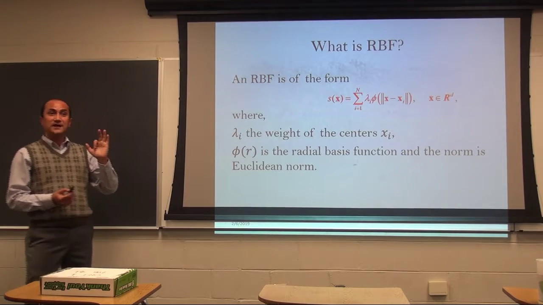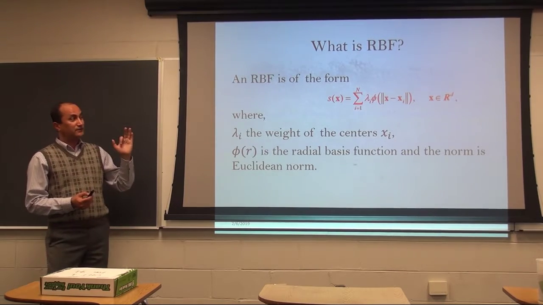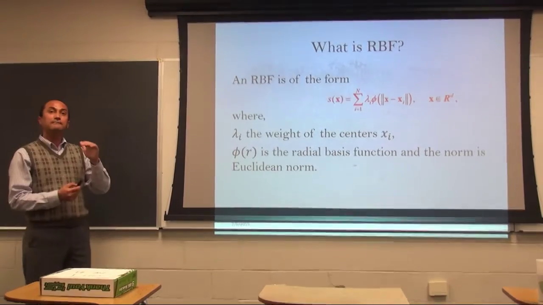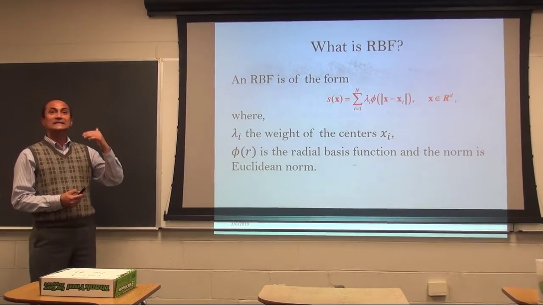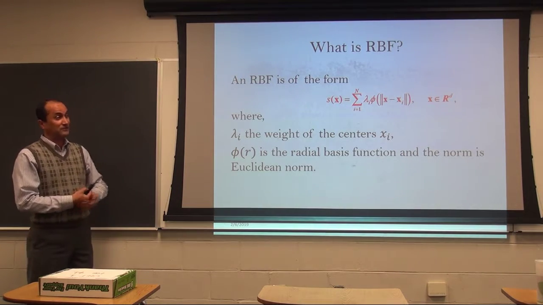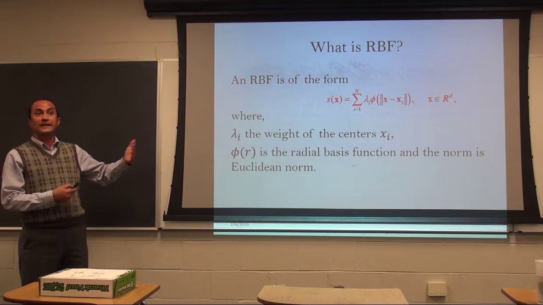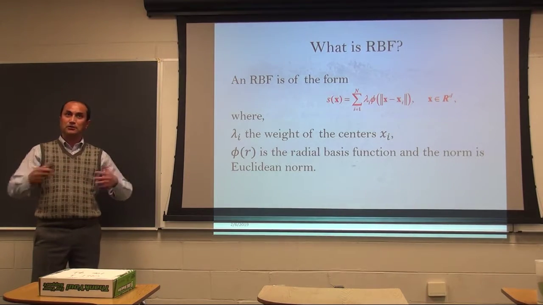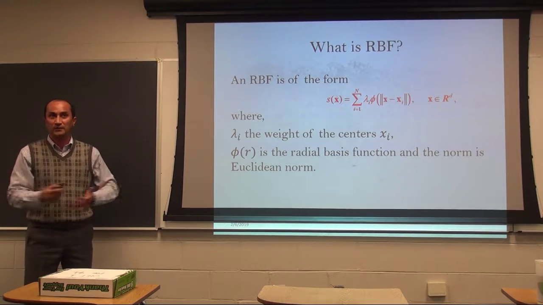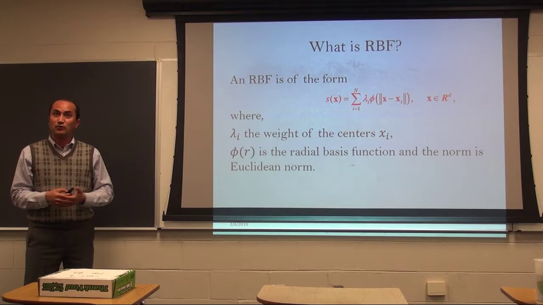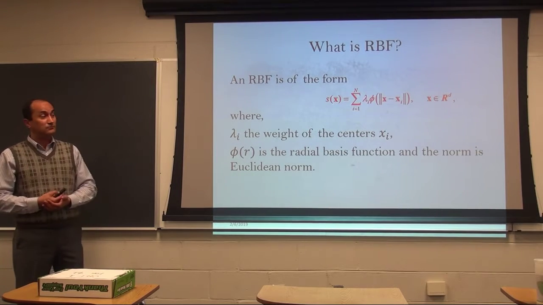The main idea is that radial basis functions reduce the problem to a scalar function, and that's why it is easy to work in higher dimensions and with more data points, could be 1,000, 100.